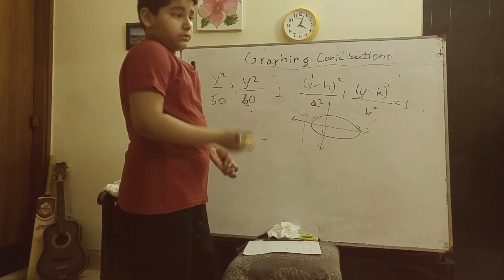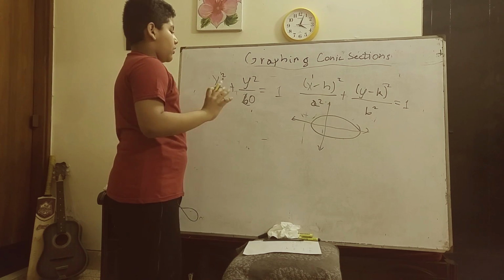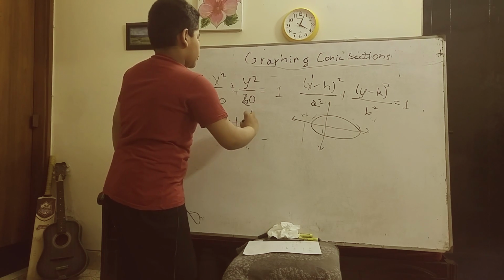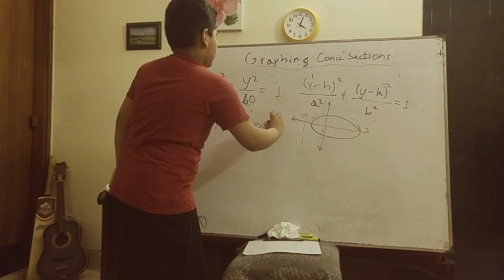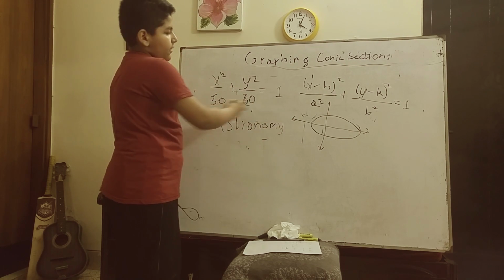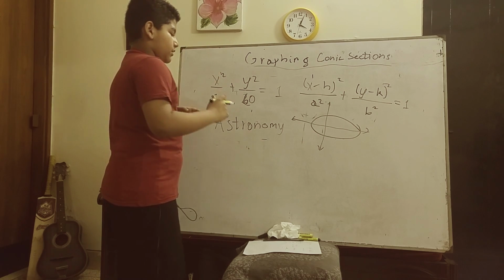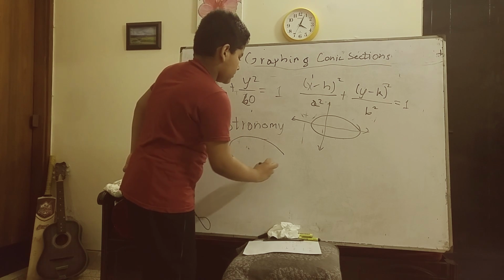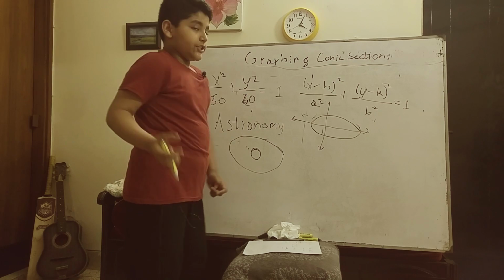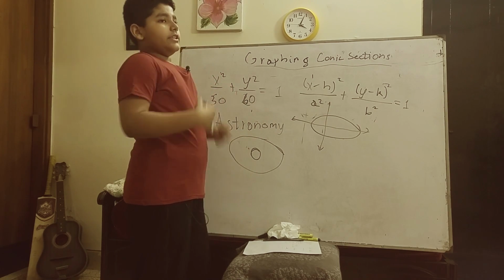So that's all we need to learn about ellipses. Now, this was a very important video about algebra, because when we move on to astronomy later in the future, inshallah, we will find how planets orbit, and it's not circular, it's actually elliptical, and the foci are close to each other, which makes it look like a circle, which we depicted years ago.